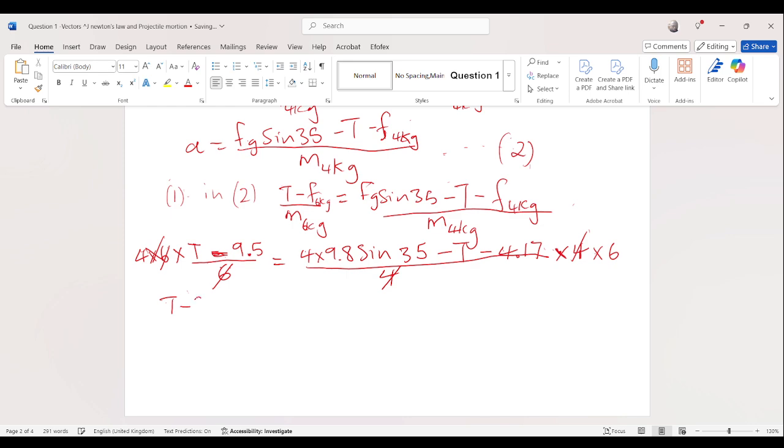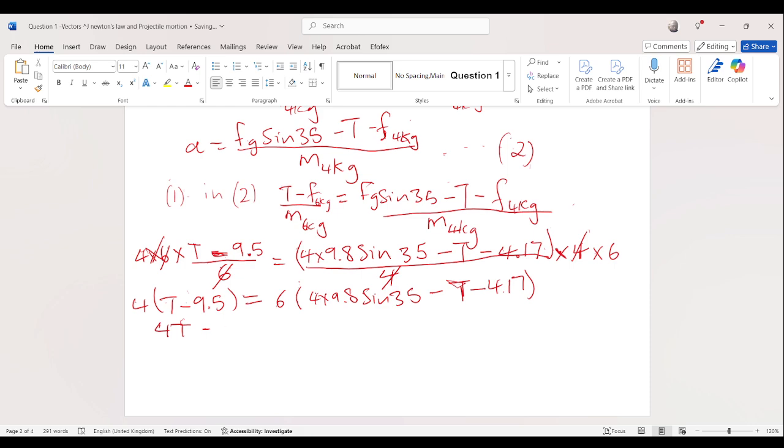So I will have T minus 9.5 equals 6 into 4 times 9.8 sine of 35 minus T, which is what we are looking for, minus 4.17. Sorry, this is what we're supposed to have, 4 into T minus 9.5.